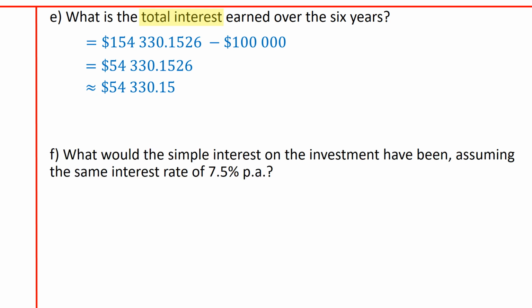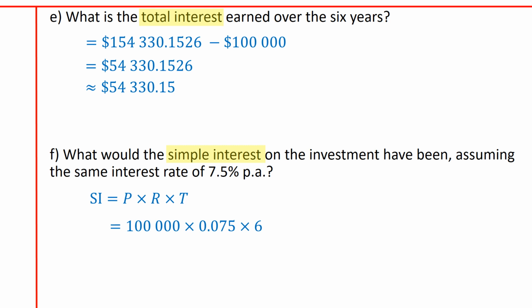And F says, what would the simple interest on the investment have been, assuming the same interest rate and time, obviously at 7.5% per annum. So again, just while we're getting to know this, I'm going to write out my simple interest formula of the principal times the rate times the term.